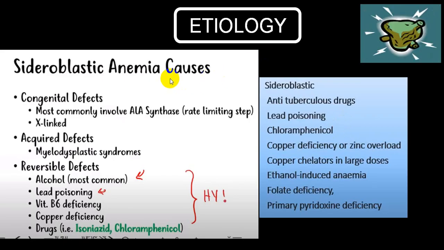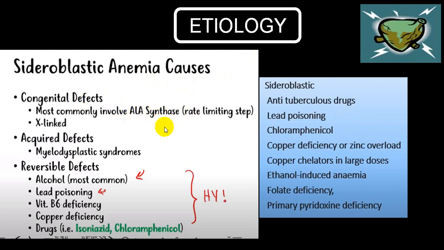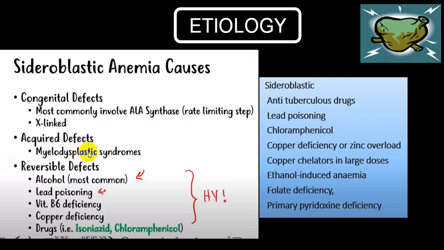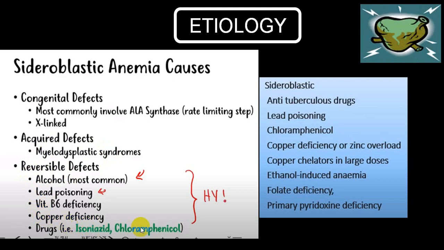The causes of sideroblastic anemia: congenital is because of ALA synthase defects, and it is an X-linked defect. Among the acquired group, it is very commonly seen along with myelodysplastic syndromes, which is a non-reversible condition. There are reversible conditions like alcohol, lead toxicity, vitamin B6 deficiency, copper deficiency, and drugs like isoniazid and chloramphenicol.